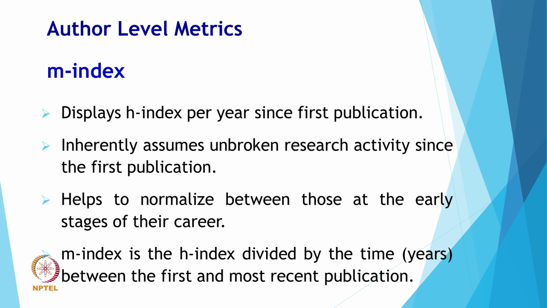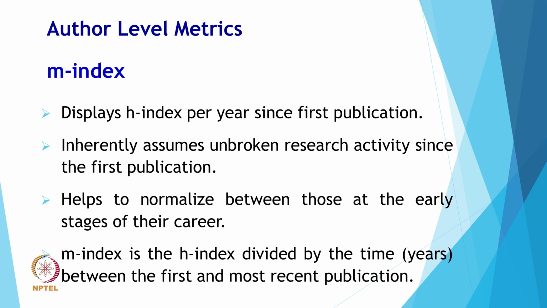In that case, the m index may be very useful. The m index inherently assumes unbroken research activity since the first publication. It helps to normalize between those at the earliest stage of their career.